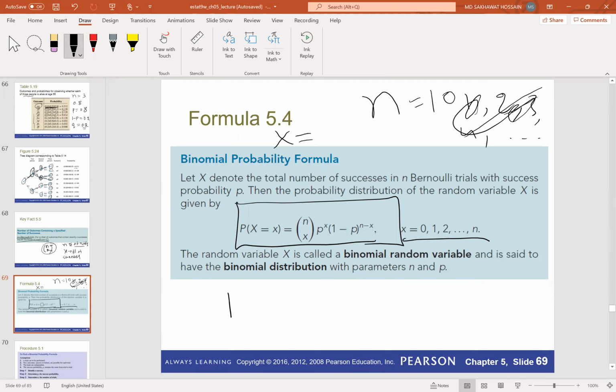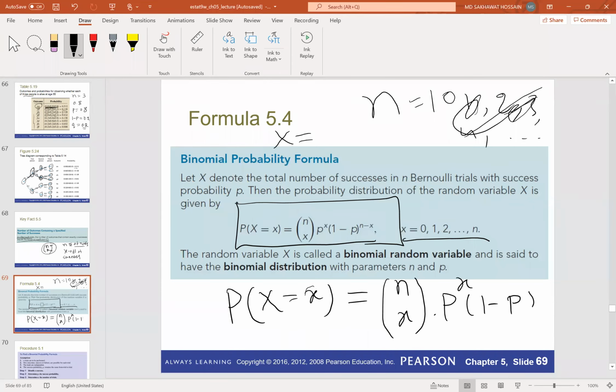Okay, so the probability of getting exactly this small x, which denotes a fixed number of successes, maybe x could be 0, 1, 2, or up to n. So this is a fixed number. This means the probability of getting x successes is equal to n combination x, times p to the power x, where p is the probability of success, times 1 minus p to the power n minus x.